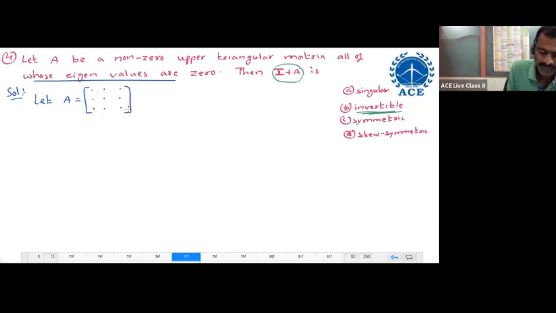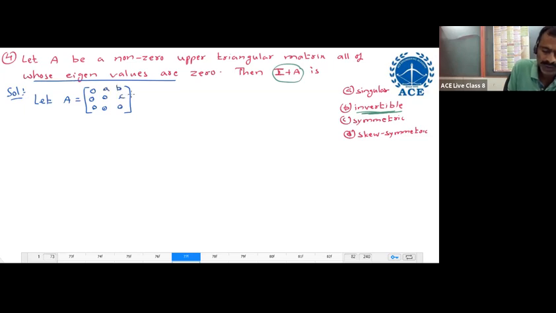According to the definition of upper triangular, the elements below the diagonal should be zeros. Eigenvalues are already zeros, so the diagonal elements should be zeros: 0, 0, 0. Only these are the non-zero numbers.